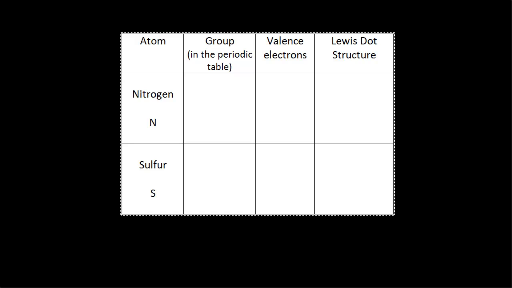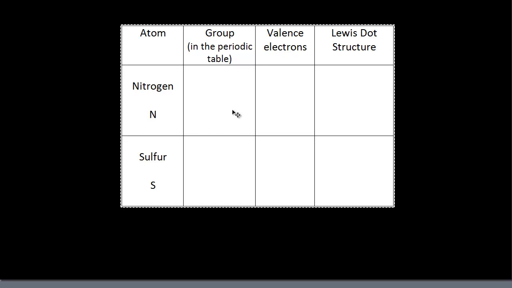Okay, here are 2 more elements that I'll show you how to do the Lewis dot structure for. We've got nitrogen and sulfur. Nitrogen is in group 5.